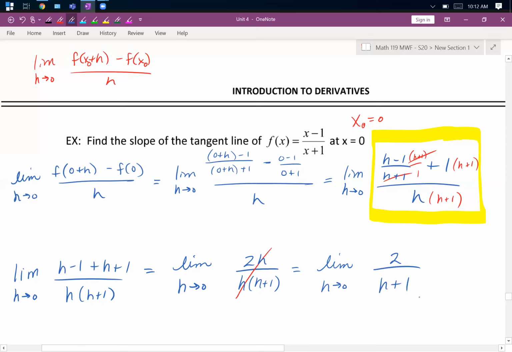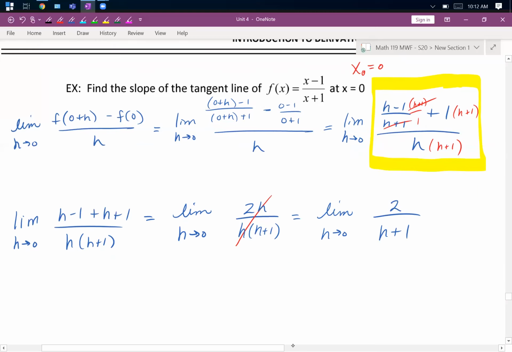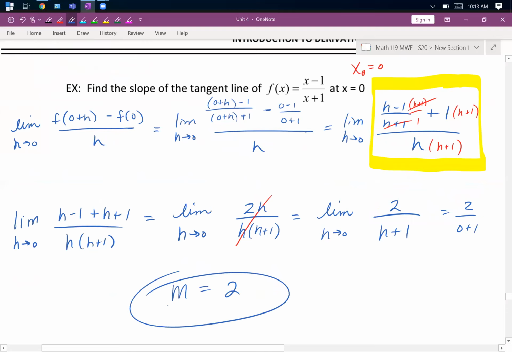And now it's safe for us to plug 0 in for h. We end up with the slope of our tangent line being equal to 2. And you keep writing the limit as h approaches 0 until you actually plug 0 in for h. Questions at all?